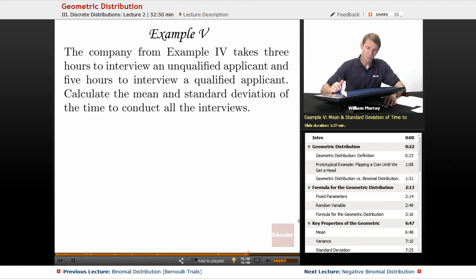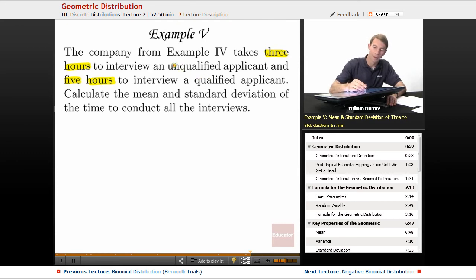So what we're doing in example 5 is we're keeping track of how long this procedure will take. Apparently it takes 3 hours to interview an unqualified applicant, and 5 hours to interview a qualified applicant.